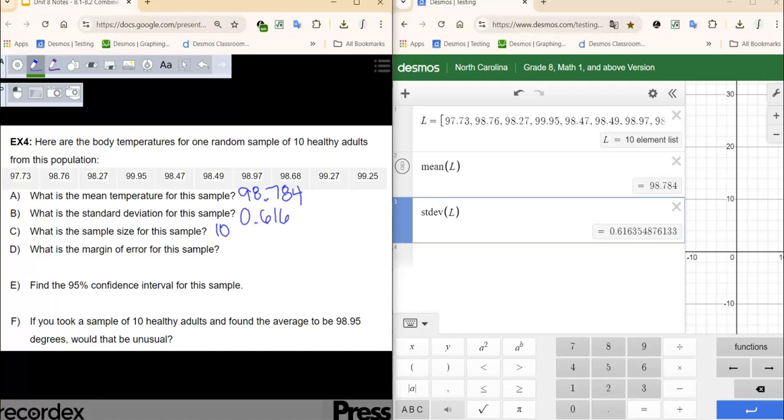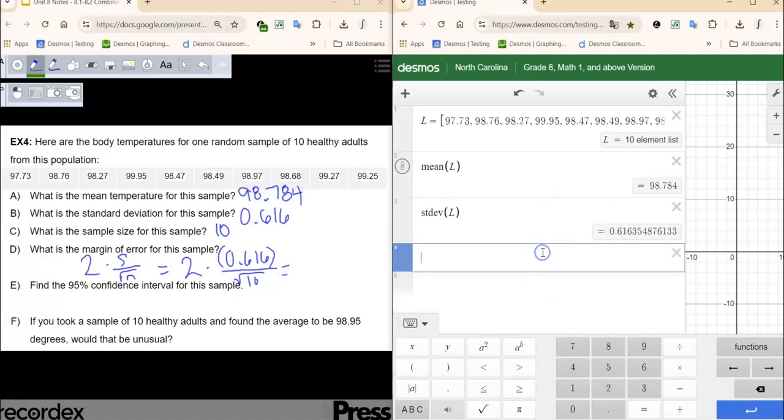D asks for the margin of error for this sample. So that margin of error formula was 2 times standard deviation divided by the square root of the sample size. So for this, it's going to be 2 times that standard deviation, 0.616, divided by the square root of 10. We'll type that into Desmos over here, 2 times 0.616.